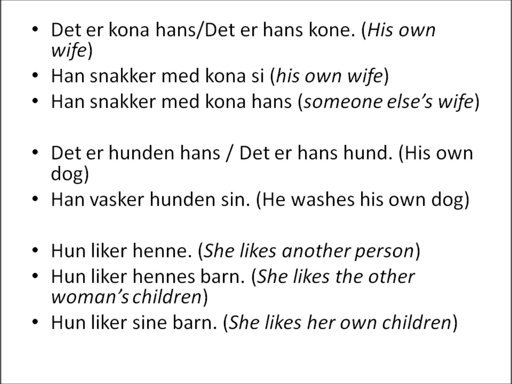So I hope you have understood the difference between hans and sin, and hennes and sine or sit. Okay, and the same rule applies for here also. Sin, sit, sine are for hankjønn, hunkjønn, intetkjønn, and flertall.